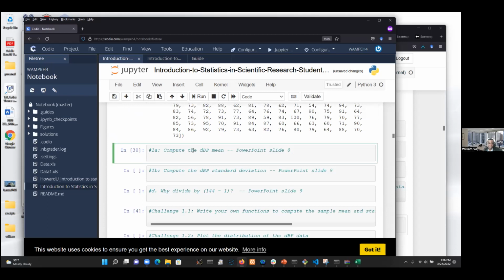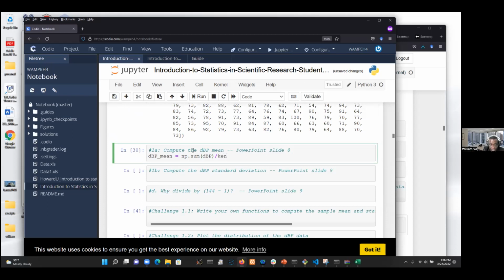So you can say something like mean equals, and what is the mean? We're going to use np for NumPy. We do the sum of dbt and divide by the length.